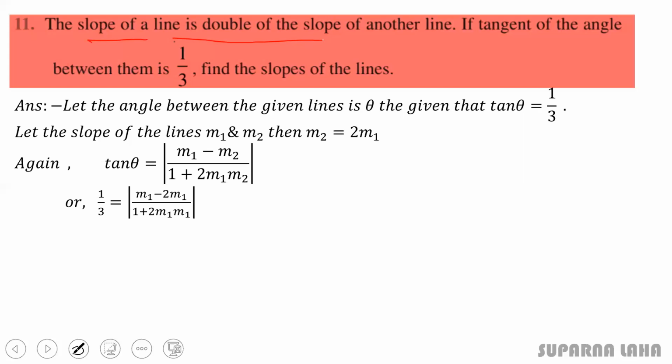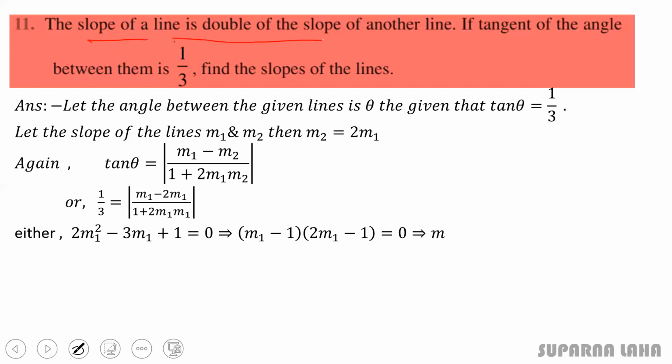Just put the value of m2. Now since the mod is there, two cases can arise: one is positive and another is negative. So if 1/3 equals (m1 minus m2) by (1 plus m1 times 2m1), that is 2m1 square.